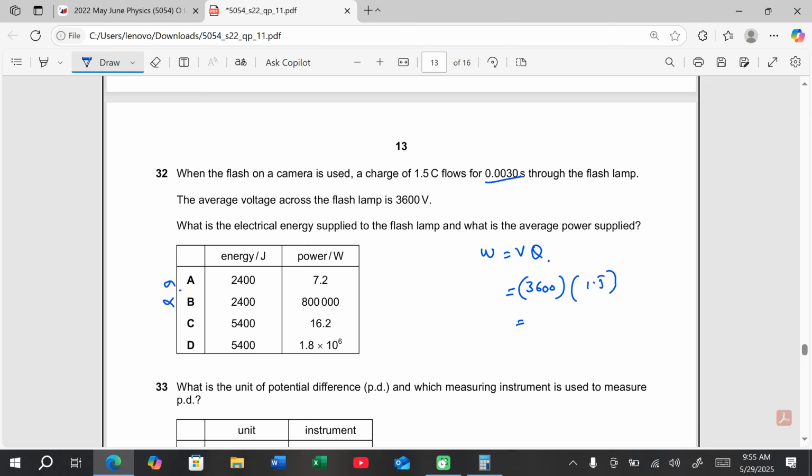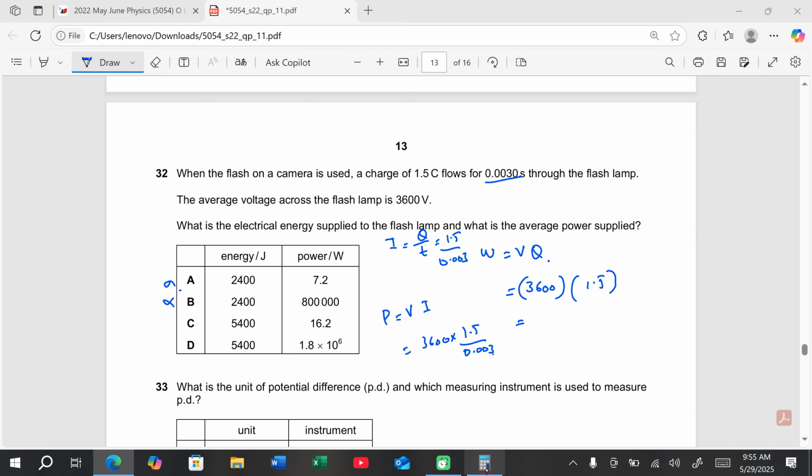And for the electricity, power P is equal to VI. Since we don't have I, we can find I from Q over T, 1.5 over 0.003. So your power is 3600 times 1.5 divided by 0.003.